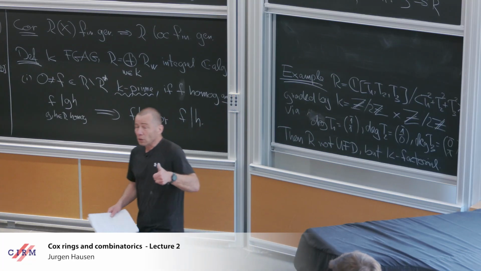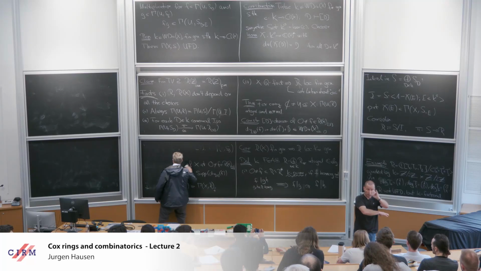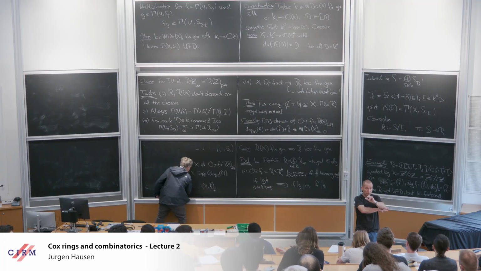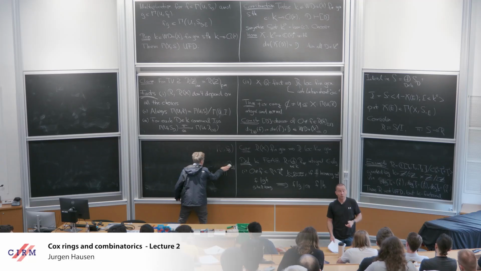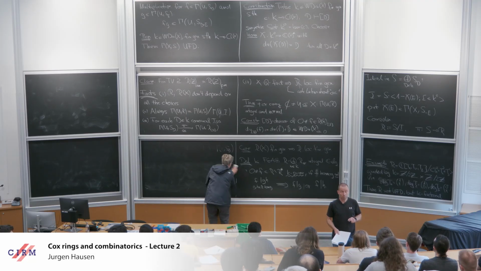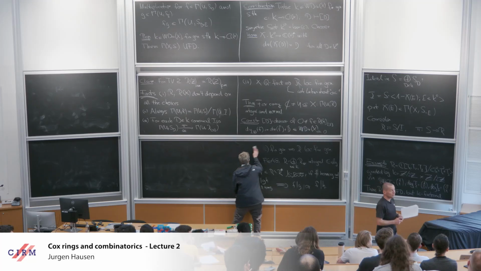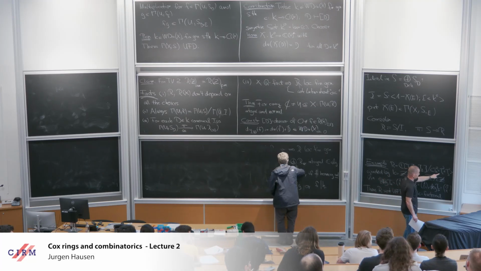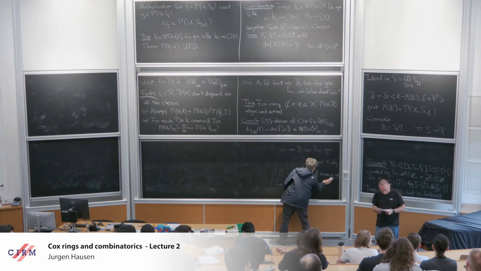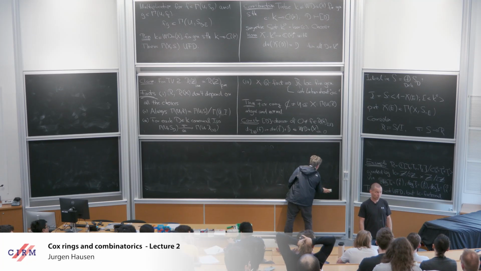Then we take the divisor class group of this affine toric variety, and we will see that it is torsion, Z mod 2Z. So it cannot be factorial. And indeed, T1 T2 equals T squared is another factorization. Why is it k-factorial?